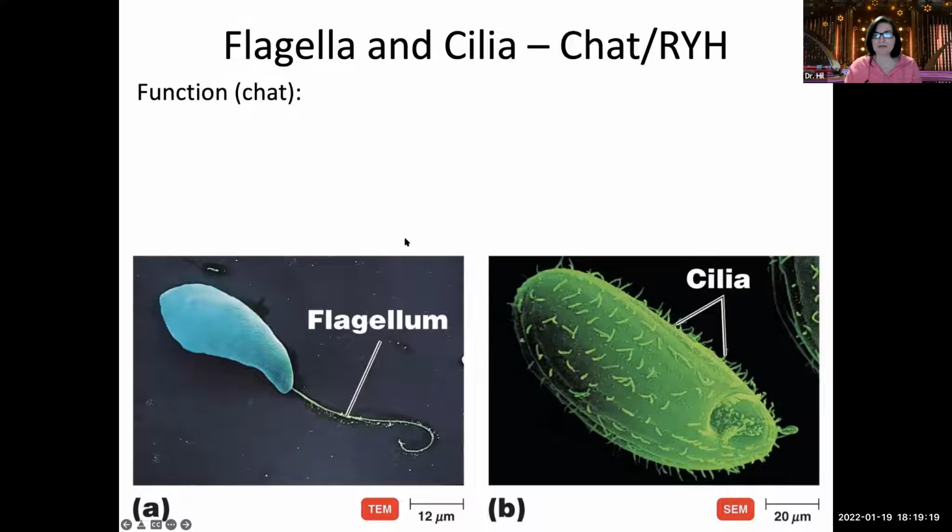Now, in terms of the function, right? The function of a prokaryotic flagellum is motility. What's the function of a eukaryotic flagellum? Okay, Marielle, good luck.